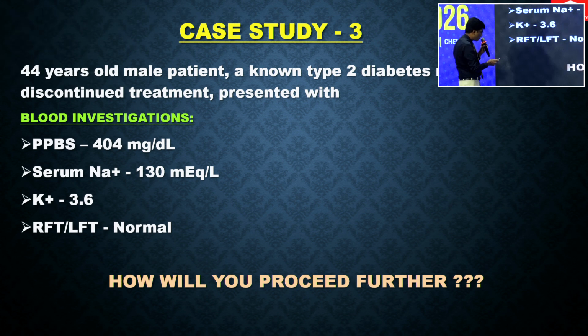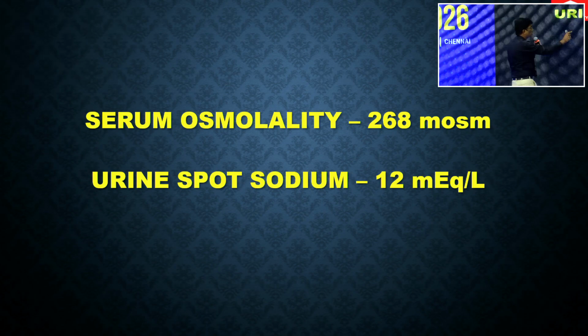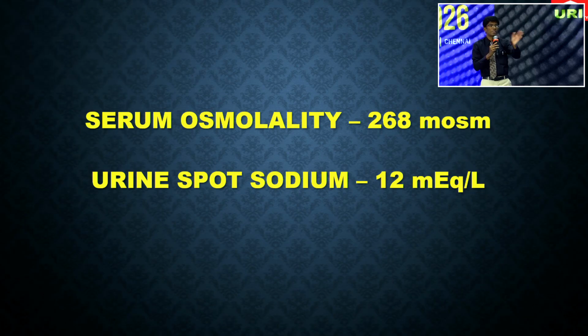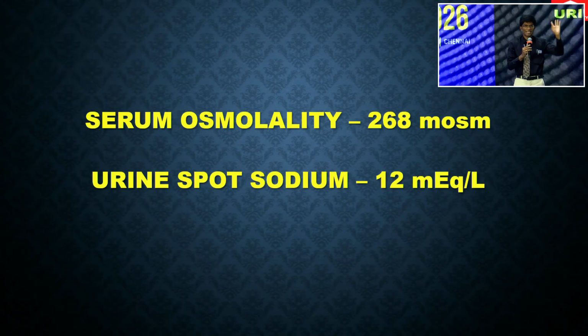So normally what we expect is urine spot sodium less than 12. Now urine spot sodium we will divide into whether it is less than 20 or more than 20. Less than 20 means there is hypovolemia. More than 20 means only 2 causes: either the patient is on thiazide diuretic or SIADH.